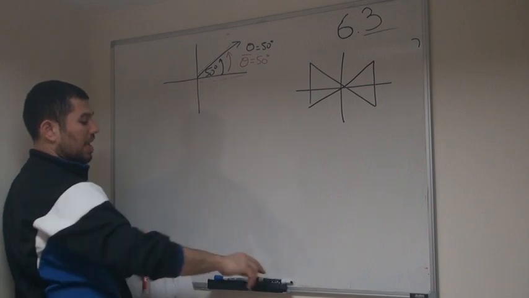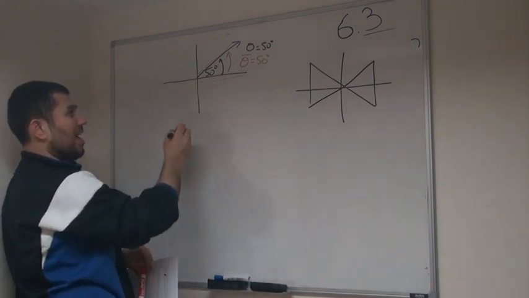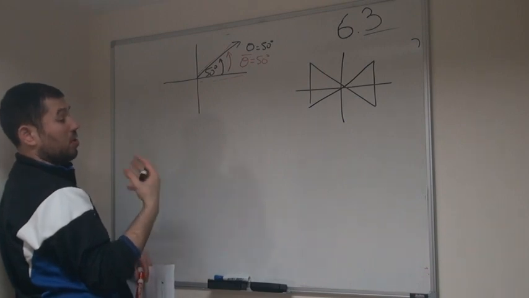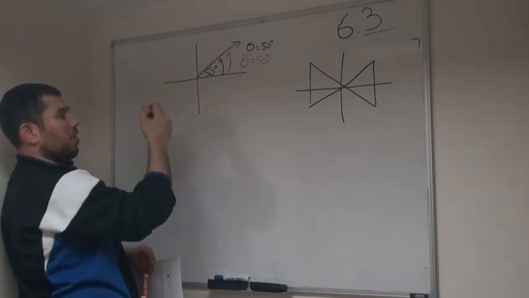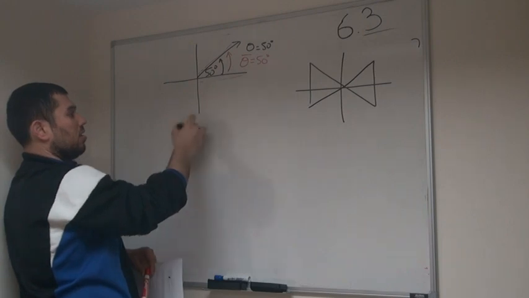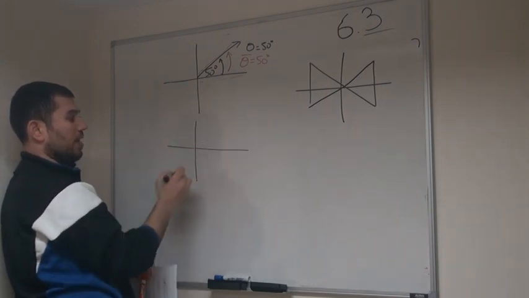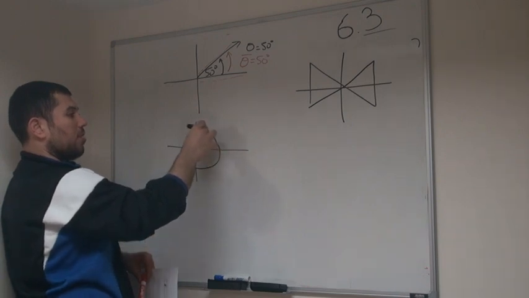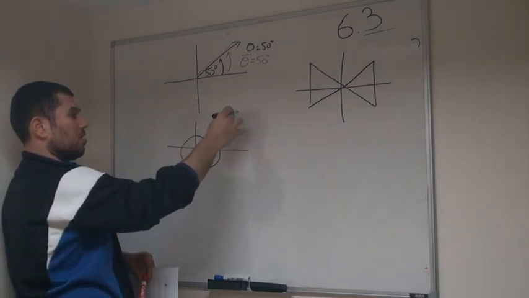Okay? Now, if I had a 410 degree angle or a 400 degree angle. So, for a 400 degree angle, that gives me one complete revolution of 360 plus another 40 degrees.